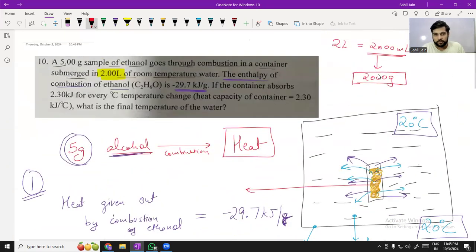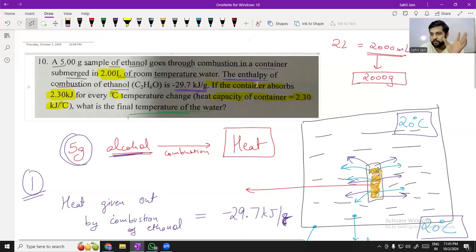First, read the question again. It says, if the container absorbs 2.30 kilojoule for every degree Celsius temperature change, which just means that the heat capacity of the container equals 2.30 kilojoule. Then we have to find out what is the final temperature of the water.